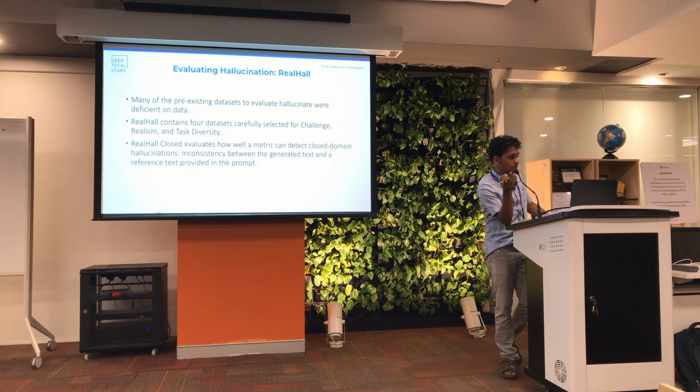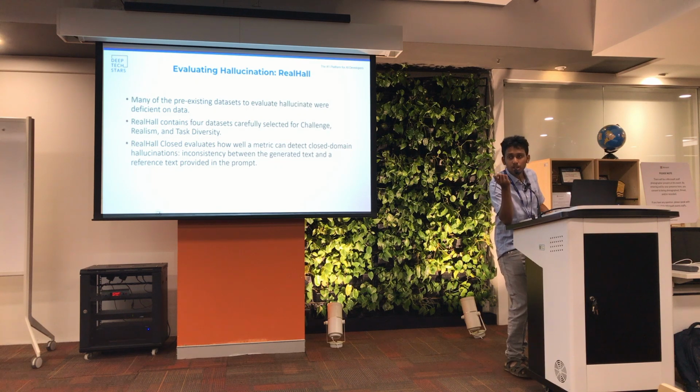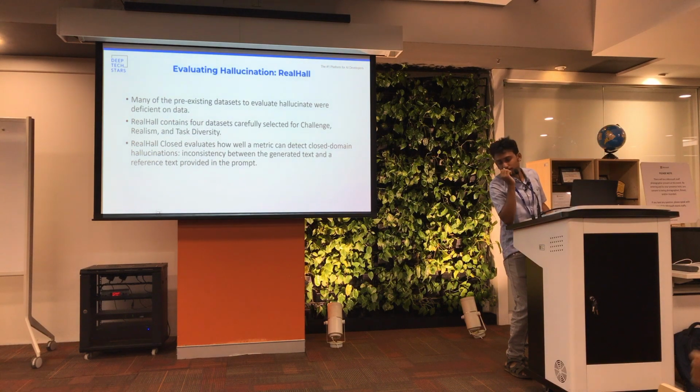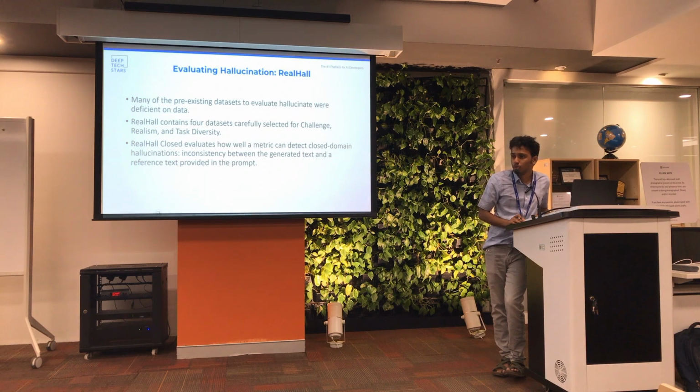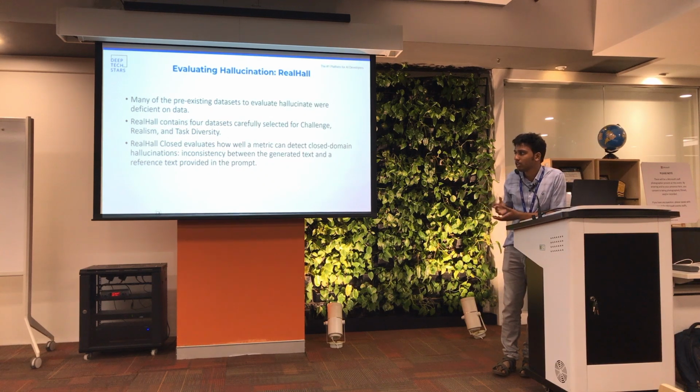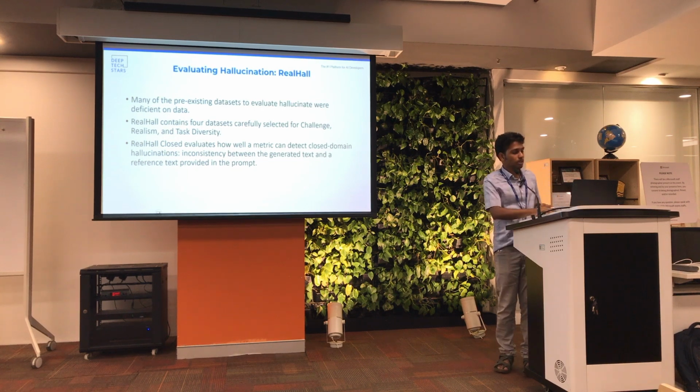There are two types: RealHall Closed and RealHall Open. In RealHall Open, you just ask the model for an output, and then you compare with the ground truth that you already have. In open, you don't have that ground truth, and you'll be using the chain of thought method itself.